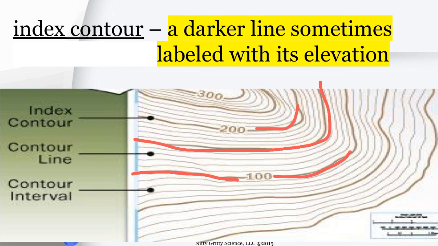And then the 200-foot index contour is labeled again with its elevation. These are darker lines that you can see are much darker than the other contour lines. It makes it a little bit easier, if there are a lot of contour lines all in one area, to tell which ones have numbers and to distinguish them from each other.